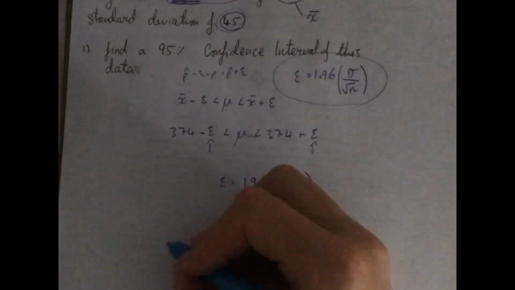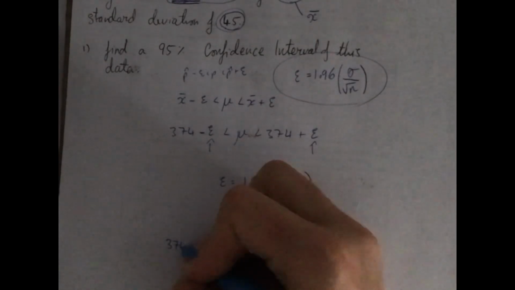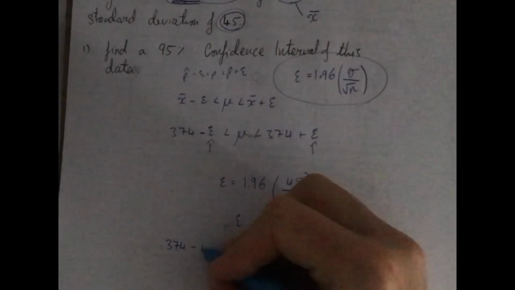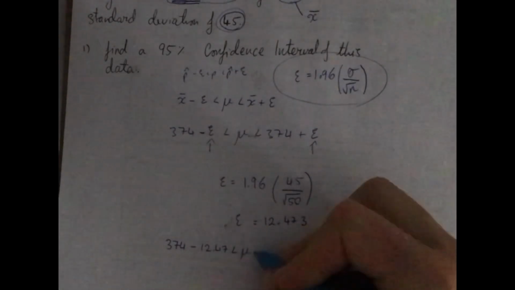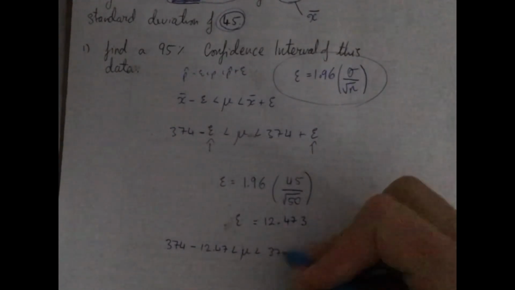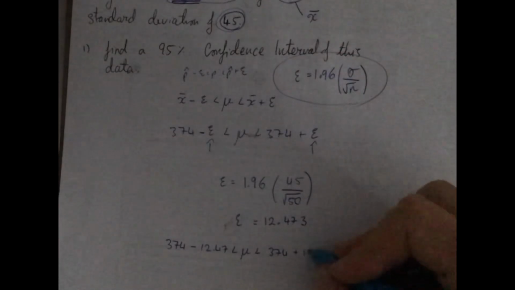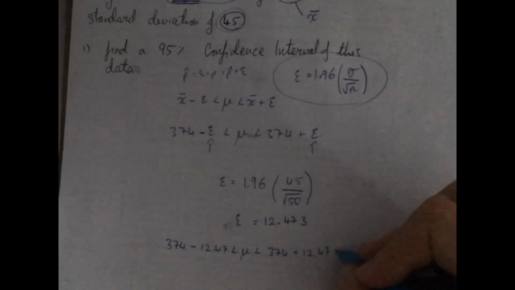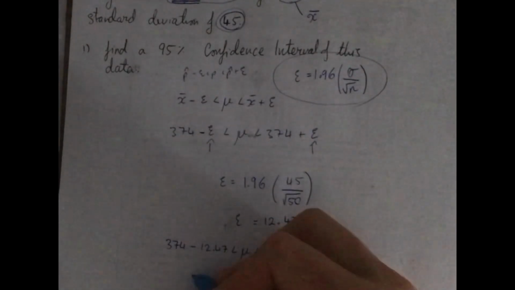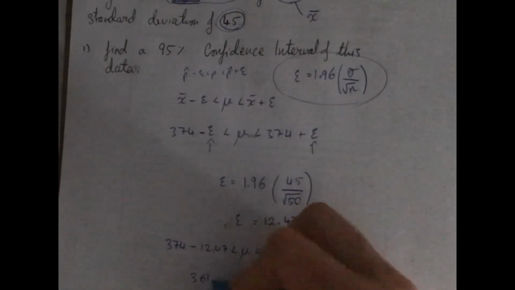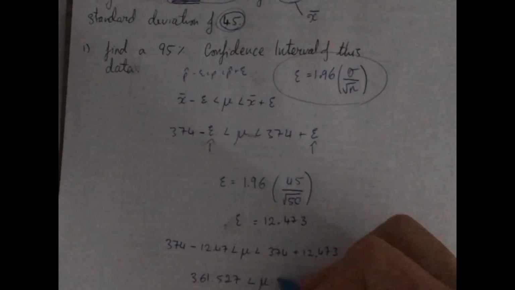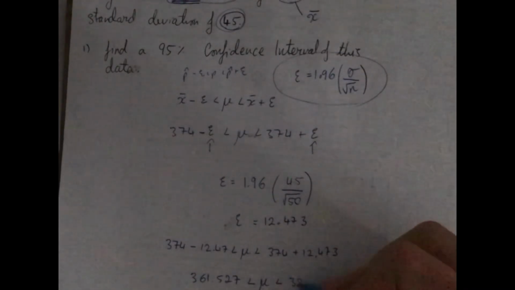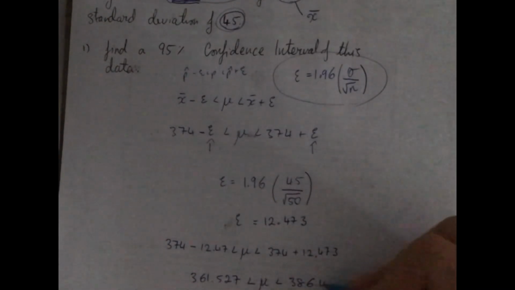So we're going to fill this into our formula, and we will say that the mean value was 374 minus 12.473 less than mu less than 374 plus 12.473, to give you a final answer of 361.527 less than mu less than 386.473.